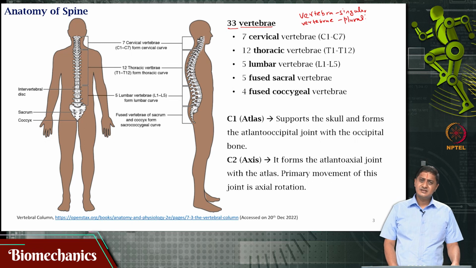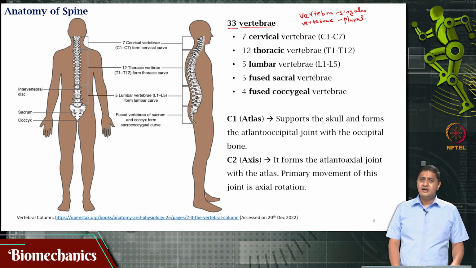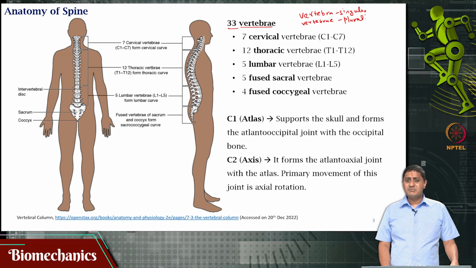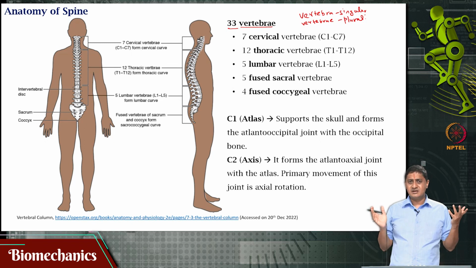One purpose is to support the head, in particular in humans, because we walk with a bipedal stance, that is, we walk on 2 legs and our hands or the upper limbs are free, they are not used for walking. Unlike quadrupeds, we are bipeds.